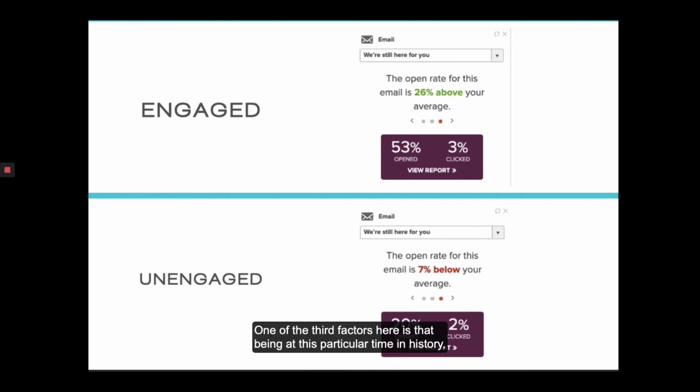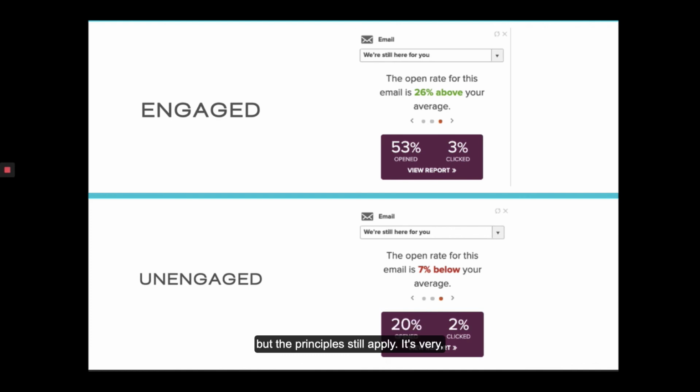One of the third factors here is that being at this particular time in history, a lot more people are at home, a lot more people are looking at their inboxes than probably being outside and busy socializing and doing all those fun things that we now have to do at home. So I think that may have also had a factor to play here.